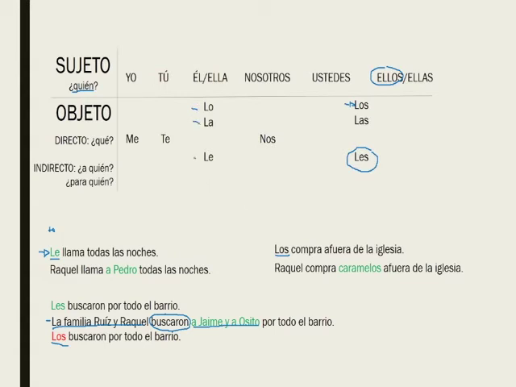But I can also say le amo. If I say le amo, I don't know if it's a man or a woman. Maybe that's why we started using our direct objects to specify if I'm talking about a man or a woman. So if you want to use direct object pronouns for people, don't worry, we also do it.